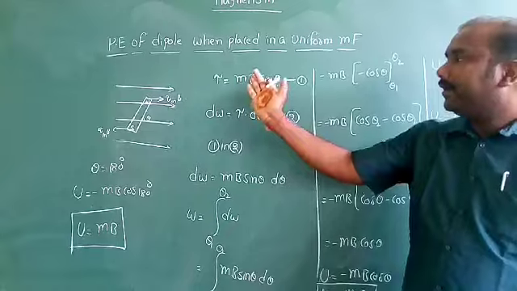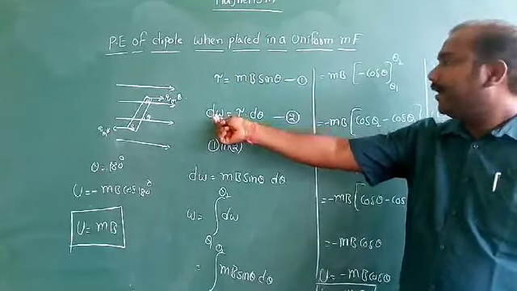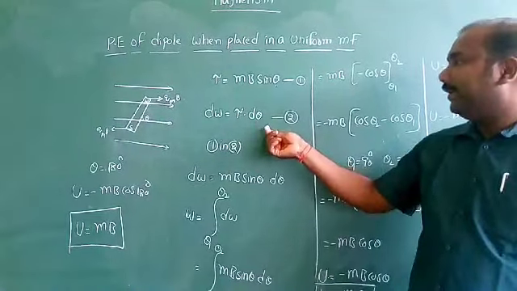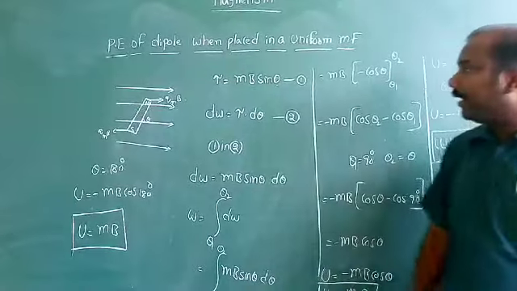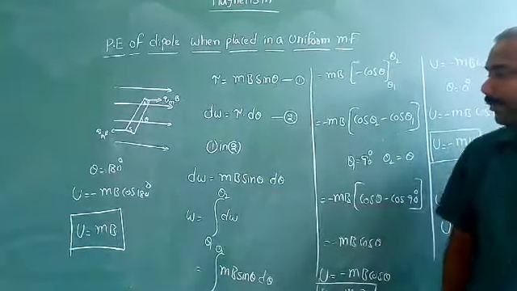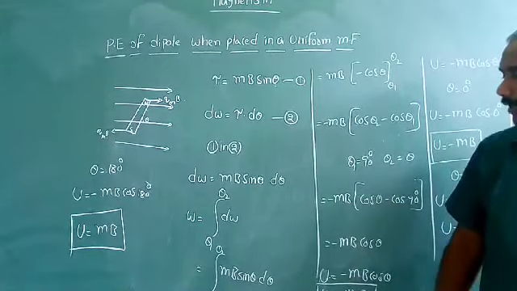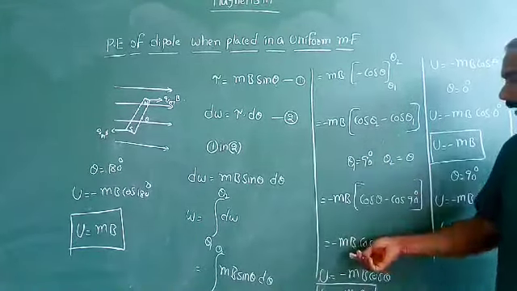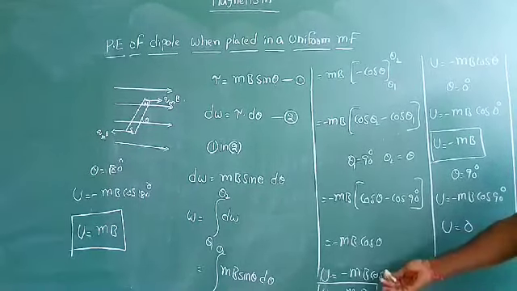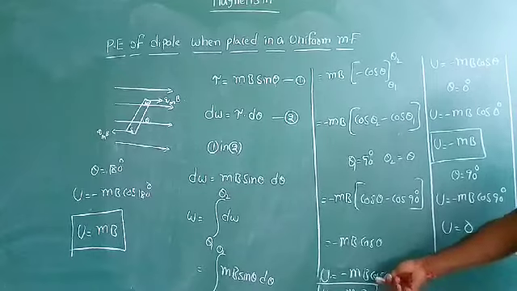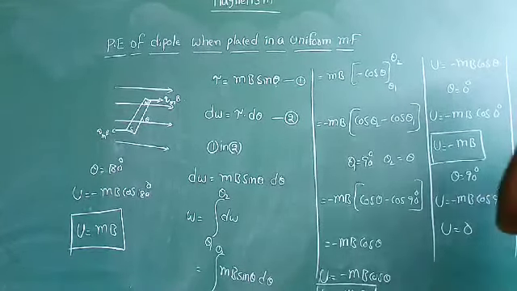If I am moving the dipole through an angle theta, then work must be done. The work is given by dW is equal to tau into d theta. Substituting equation 1 in equation 2, we get dW is equal to mB sin theta into d theta, and taking the limits theta 1 and theta 2 and solving, finally we get minus mB cos theta, or, as a scalar product, the potential energy U is equal to minus m dot B.